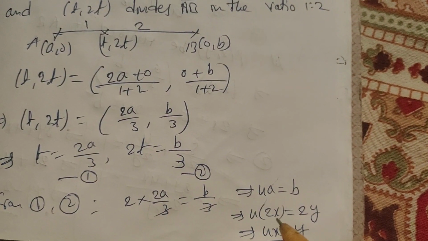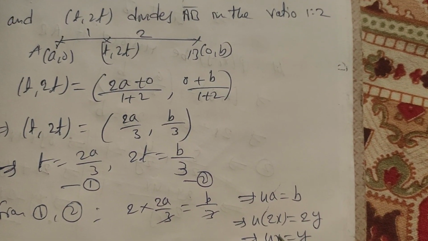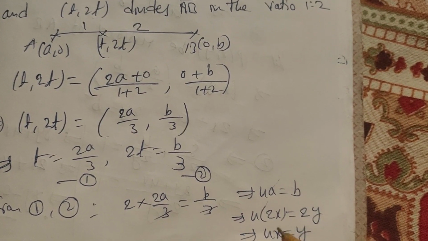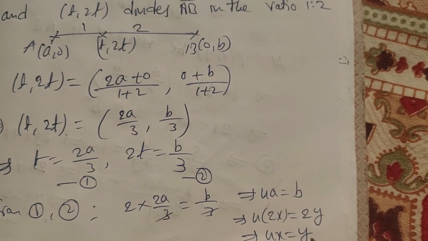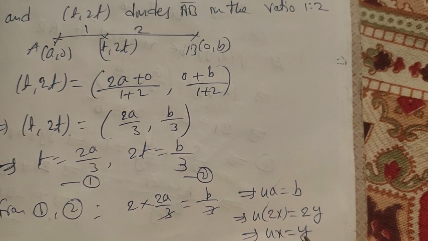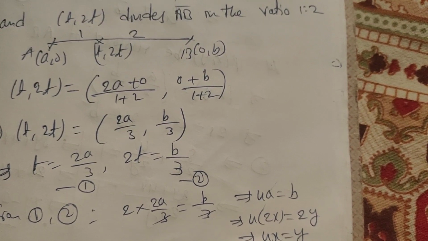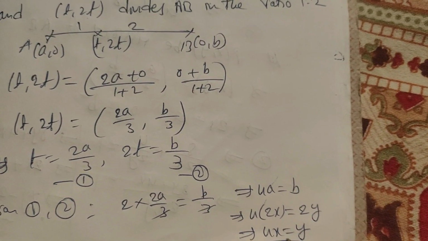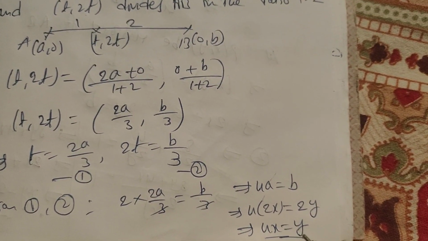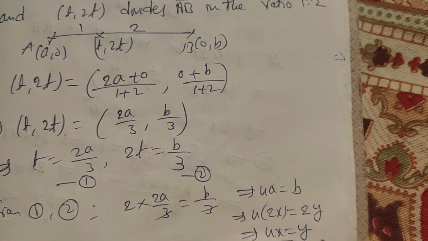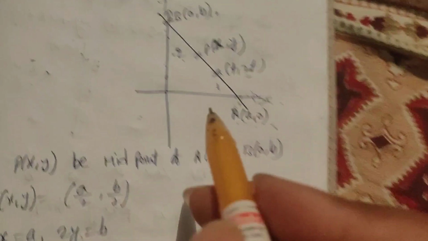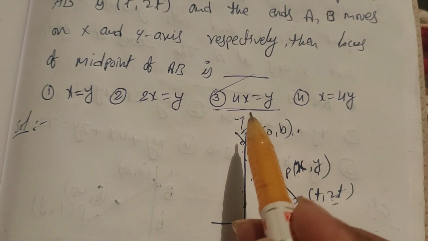So substitute here, now you get an equation between x and y. The 2 gets cancelled, now 2x is equal to y. So this is our required equation between x and y. This is the locus of the point P(x, y). So 2x is equal to y, or 2x minus y is equal to 0 we can also write. But according to the options, they gave 2x is equal to y.